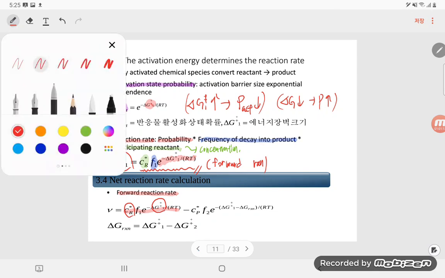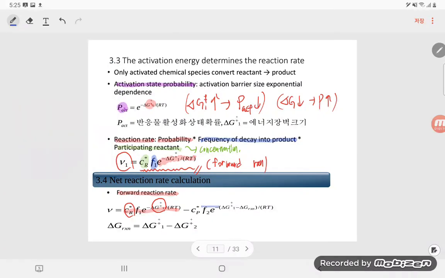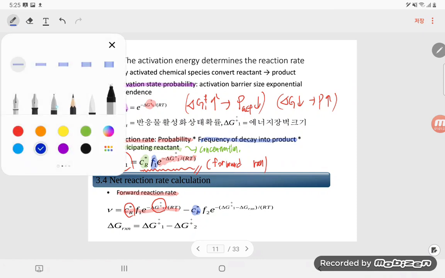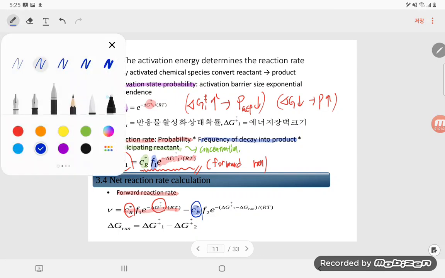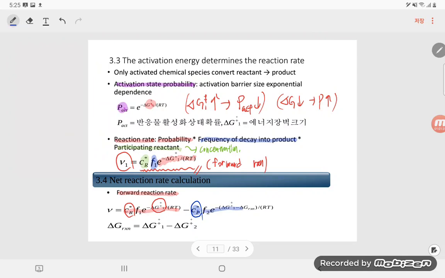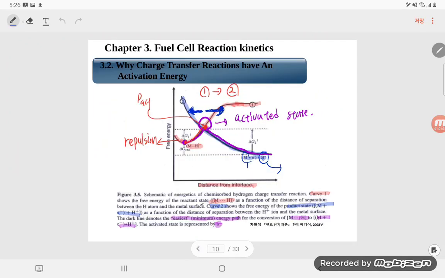But in the reverse reaction, the concentration is for the product, and also the activation barrier is different, right?